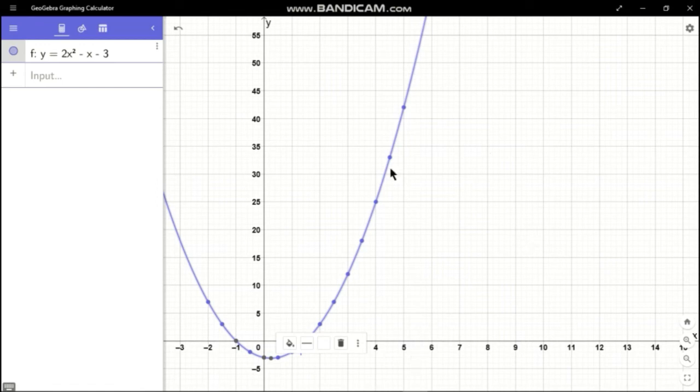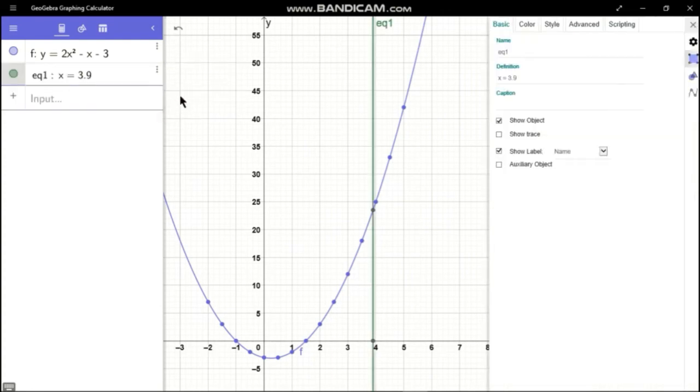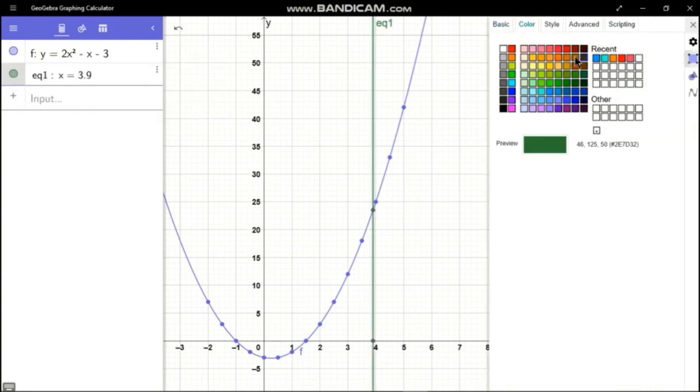So 1c asks us to find the value for y when x = 3.9. So the grey line, we go to the 3 dots there, and then we change the color to red.